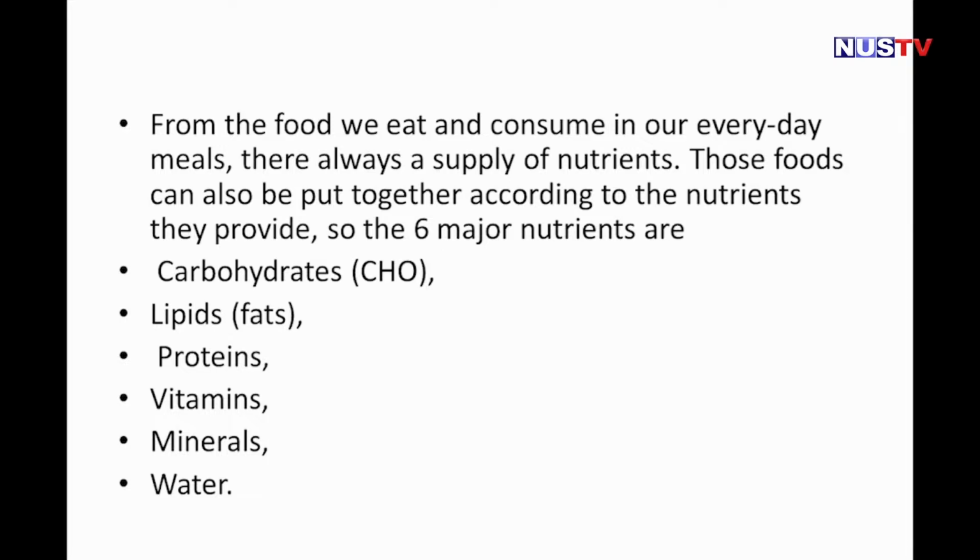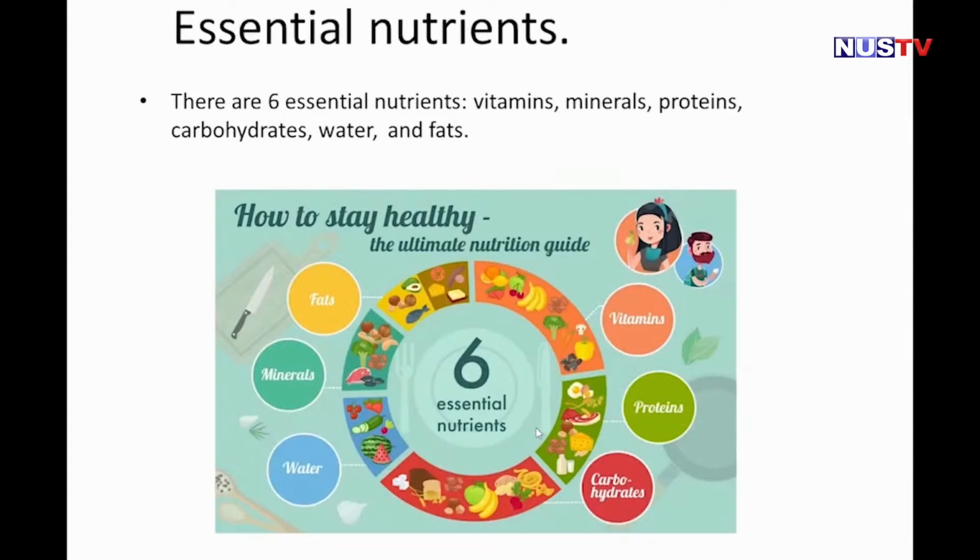Those foods also provide major nutrients such as carbohydrates, lipids or fats, proteins, vitamins, minerals, and water. I'm pretty sure you learned those when you were in Year 9 last year. The given diagram will help you for your study about the 6 major nutrients. The diagram also indicates the 6 major nutrients with a variety of colors.